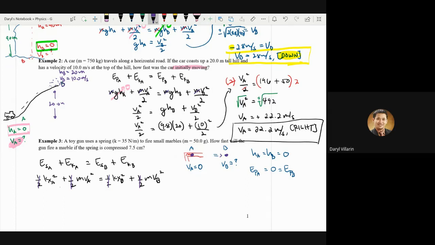The initial velocity at A is zero, it's not moving, but you have a particular displacement. So this kinetic term is zero.